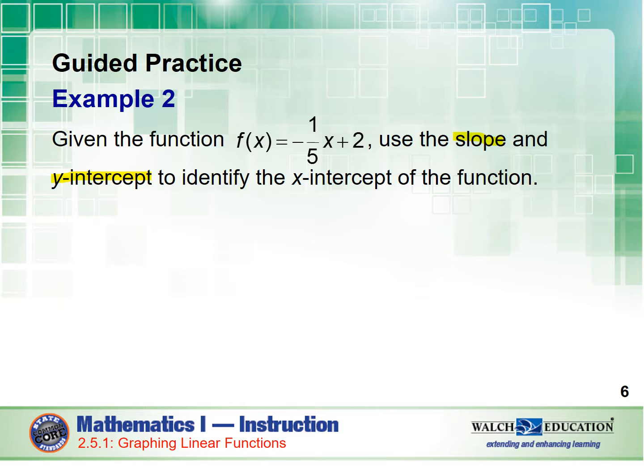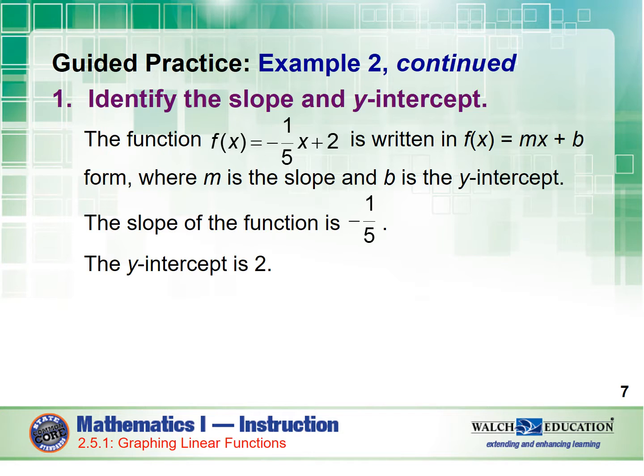Again, the slope is the coefficient that comes before x, so this is the slope, negative 1/2. And we're also going to use the y-intercept, which is positive 2. Remember, we have to use the sign that comes before numbers because the sign tells us whether it's a positive or a negative number. So the y-intercept is 2.